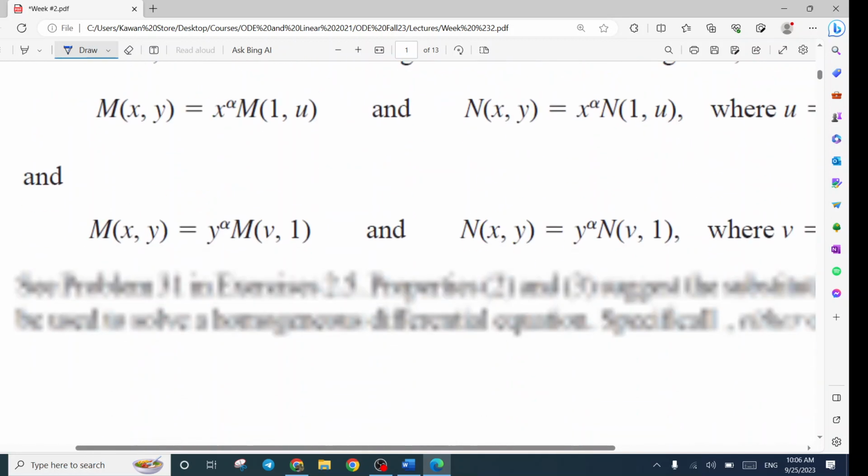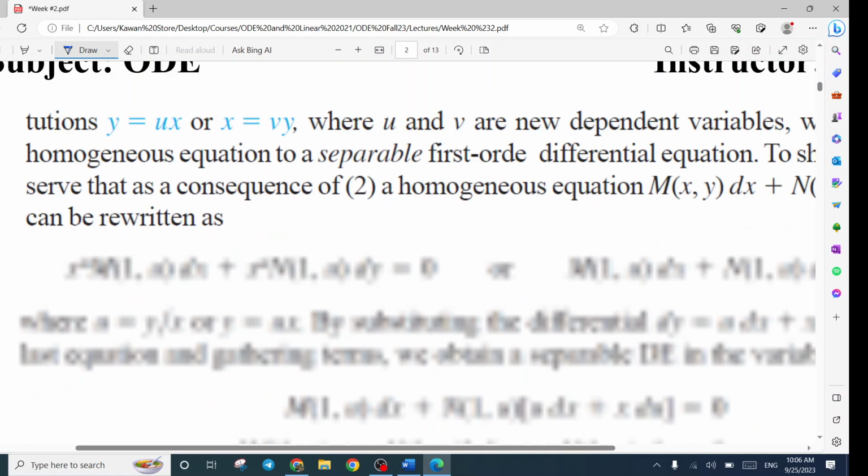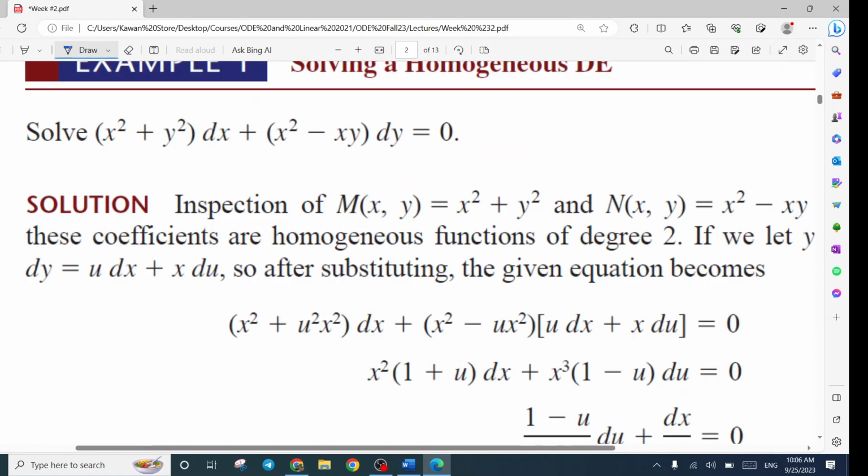Let me show you the example to be more clear. Look at here. That one can be called M of x, y, a function of x, y. That one is called N, as a function of x, y again. So this is another form of the question instead of the first one or the separable function. Good.